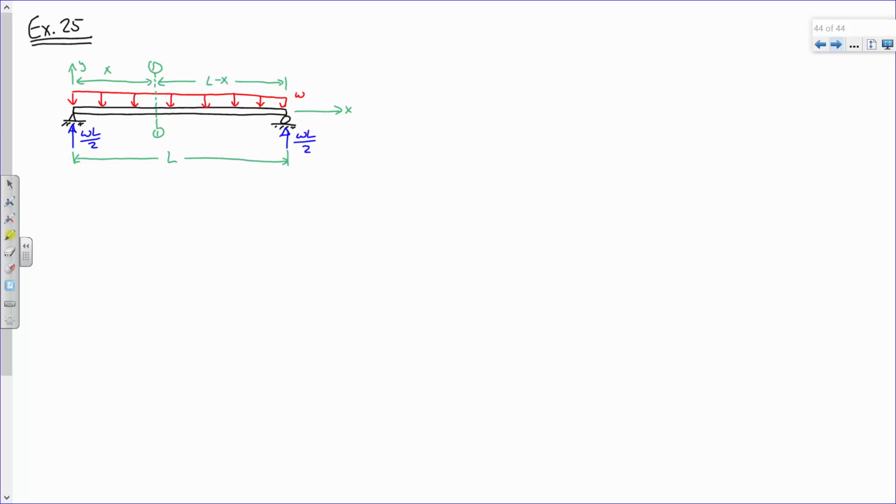And when I cut a section and look to the left, here's what I've got. All right. So this is WL over 2. This is W.